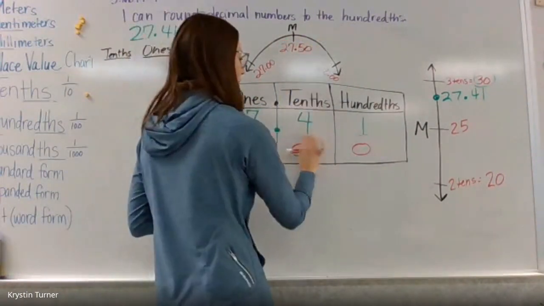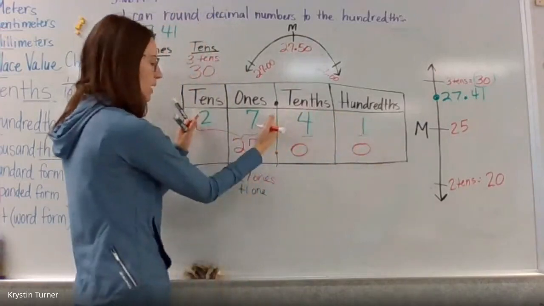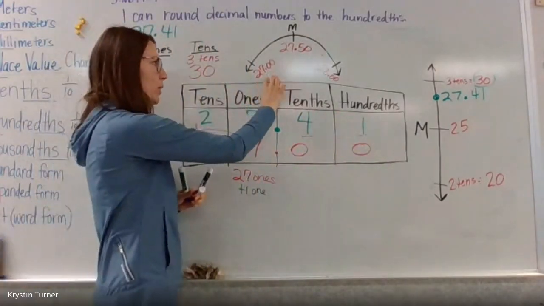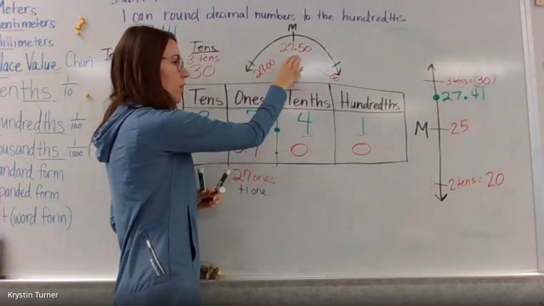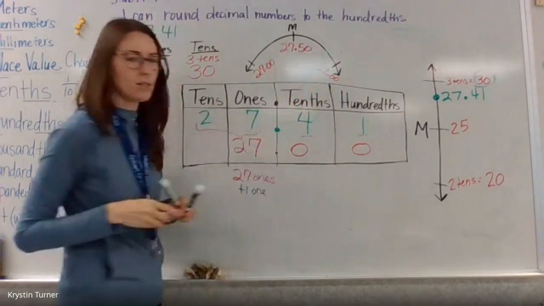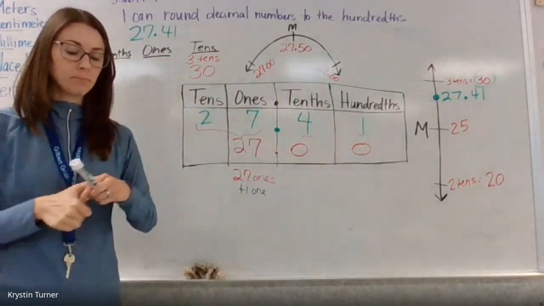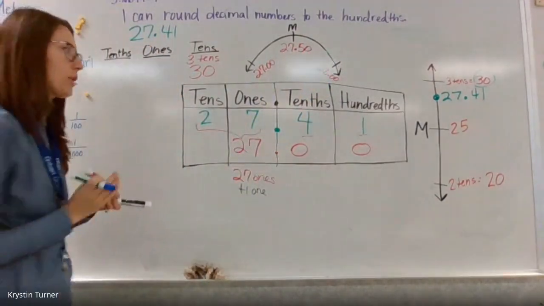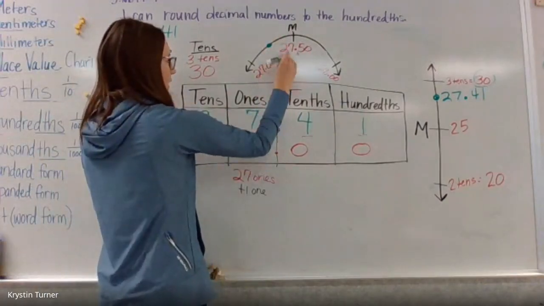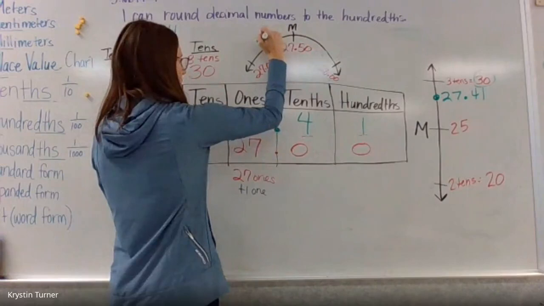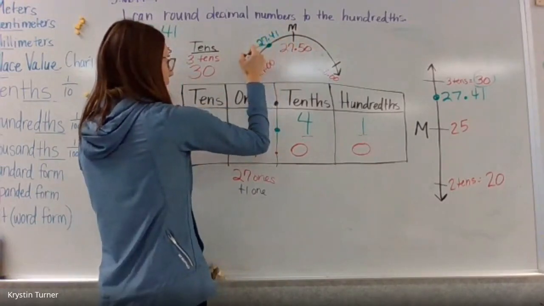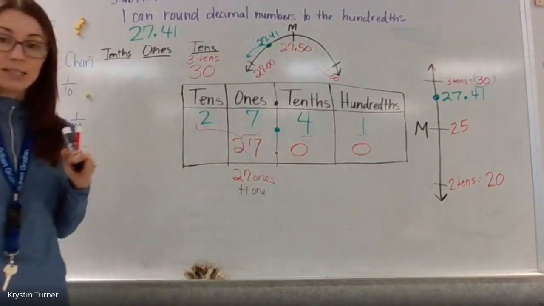Okay, and then if I only had 41 cents, so here's $27.41. Would that be between $27 and $27.50, or between $27.50 and $28? $27.41 would be between 27 and 27.50, so I'm rounding back down to that 27.